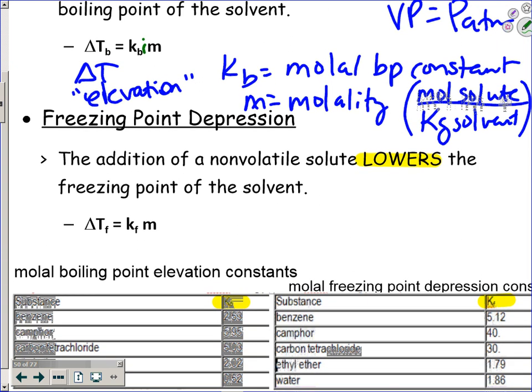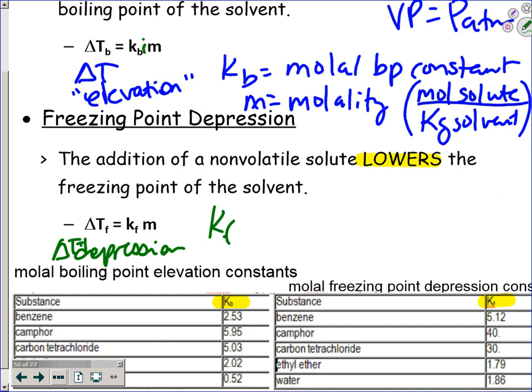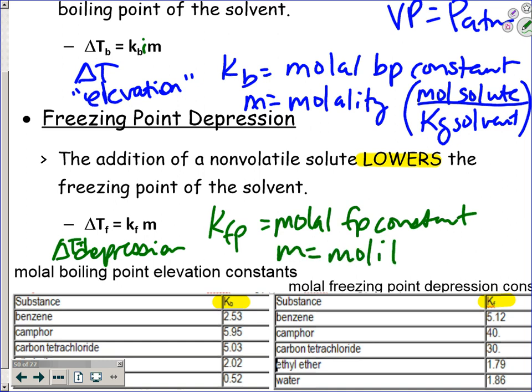So delta T is the depression of the freezing point. That delta T is just how much you're lowering. Kf, or KFP as sometimes it's written, is, guess what that is? Molal freezing point constant. And again, molality is what little m is standing for.